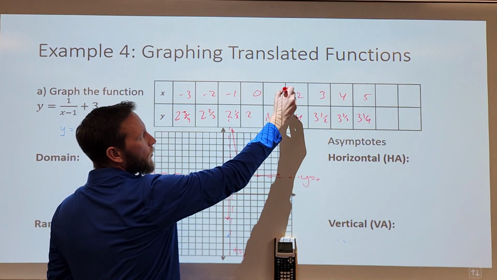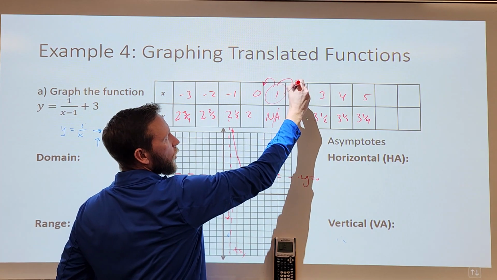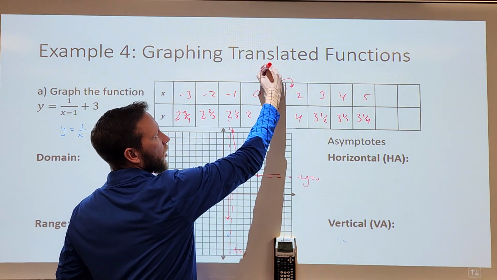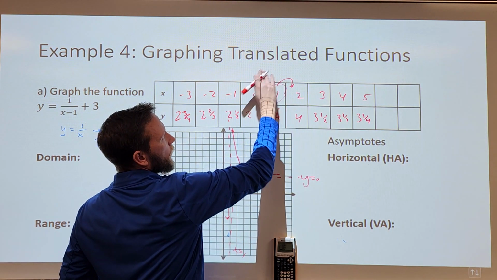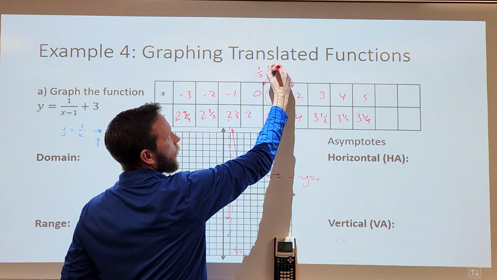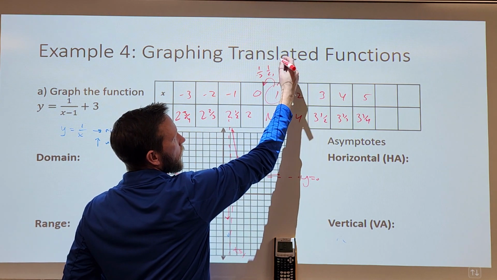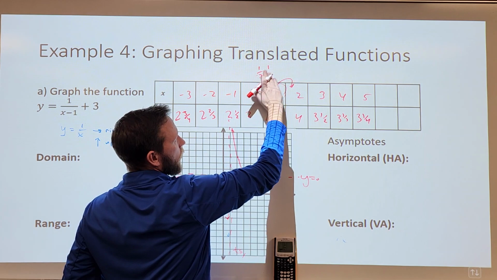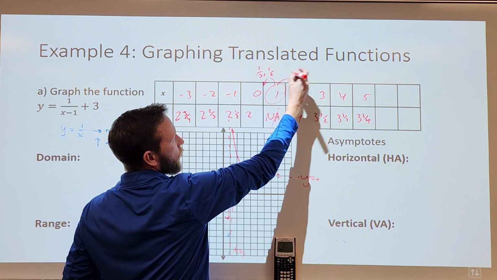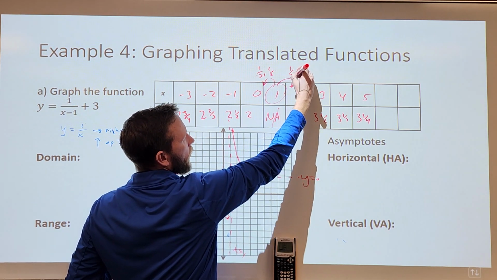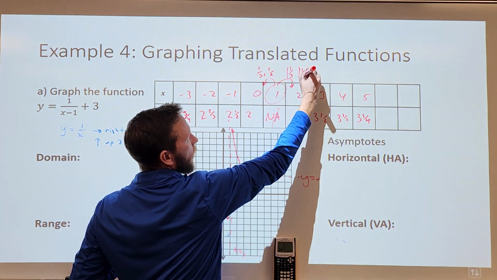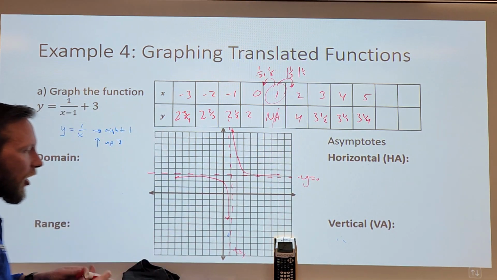Now we might want to pick some values that are in between 1 and 0. What about 1/3 or 1/2 or something along those lines, right? So 1/3, 1/2, those would be good. What about 1 1/3? What about 1 1/2? What would those outputs be?